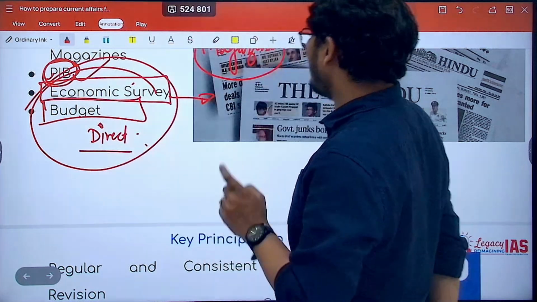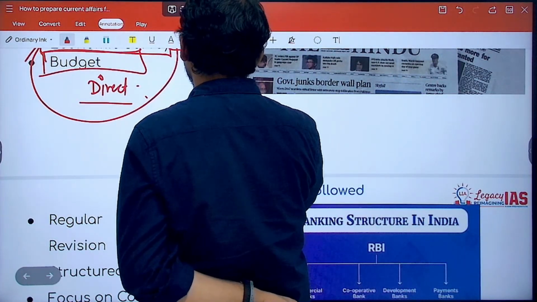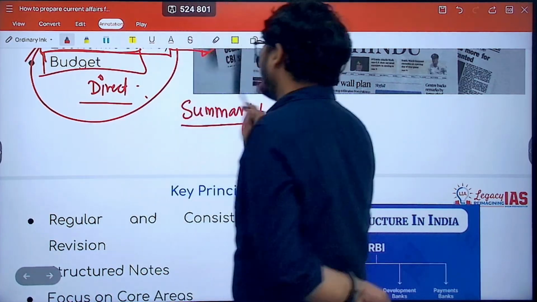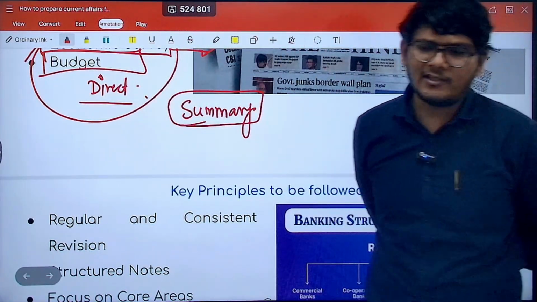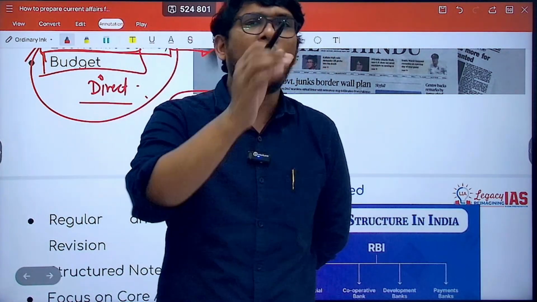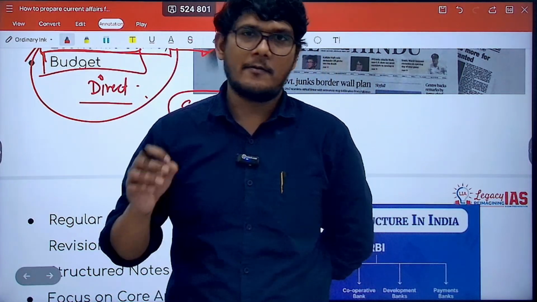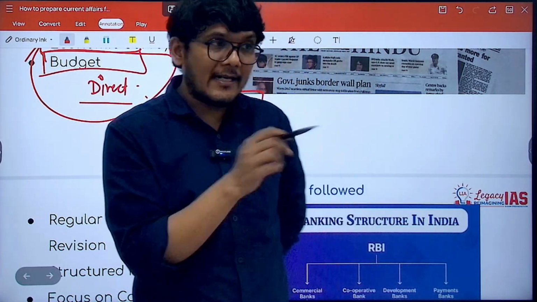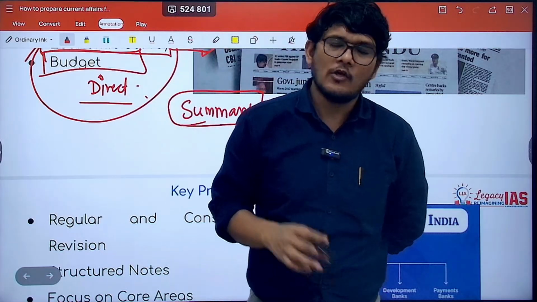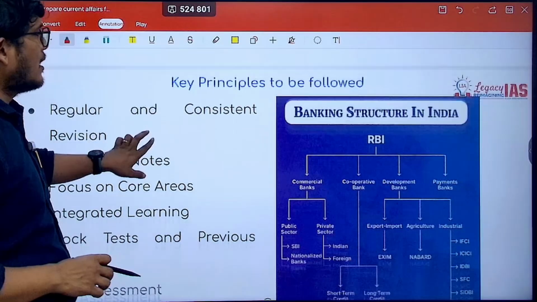So you can simply refer to the summary. Legacy IAS Academy also brings the summary. The summary of the economic survey and budget of 50-55 pages each should be more than enough for you to prepare. And based on that, in the test series, questions will also come. So we will ensure that you are thorough with your preparation.